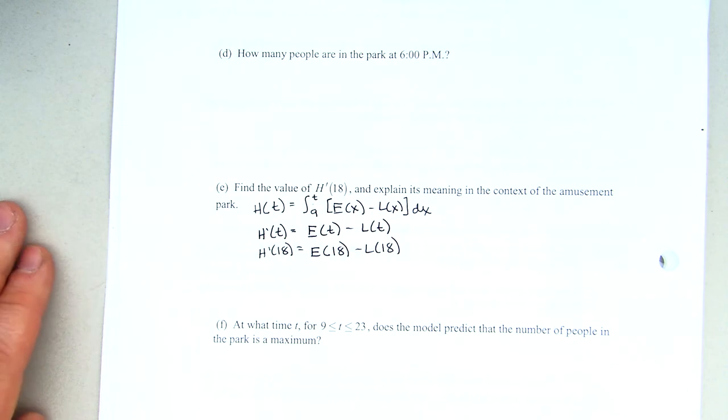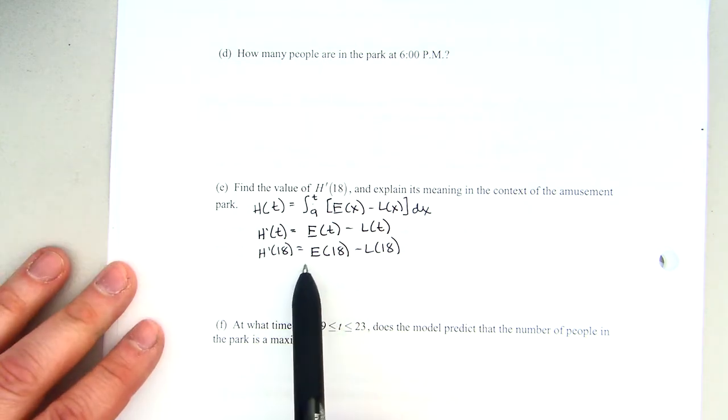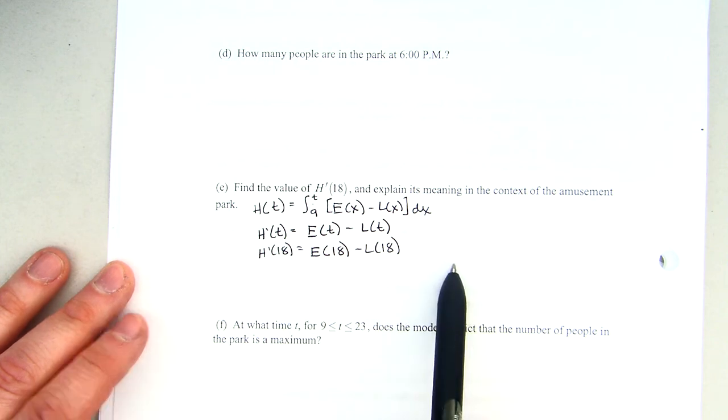If those functions are stored in your calculator, use the variables y1 in parentheses 18 minus y2. As I think I made comments several times last time, make sure you're writing this using standard notation, not calculator notation, not y1, y2.